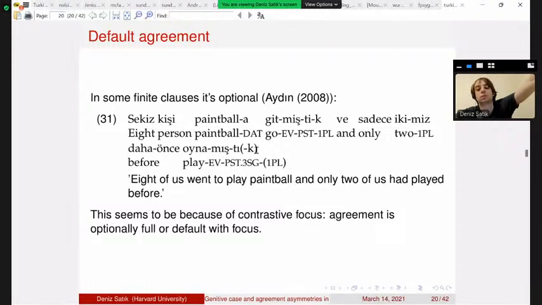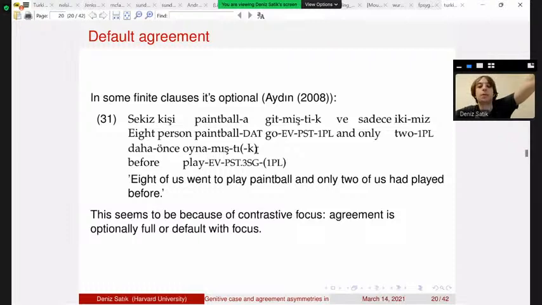With ikimiz, you essentially have a subset where the subset could be equal to the number that you're referring to. Really, it's like only the two of us and both of us are here, whereas the other one might be a proper subset, but don't quote me on that.